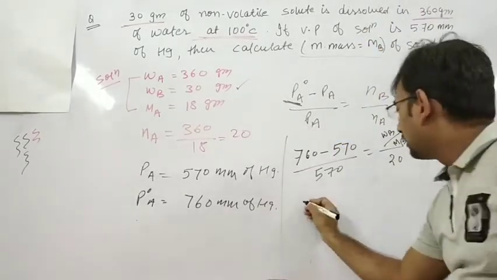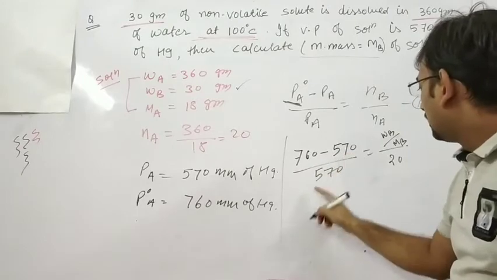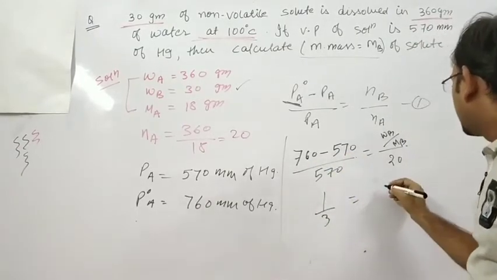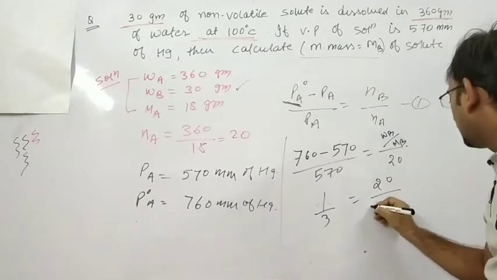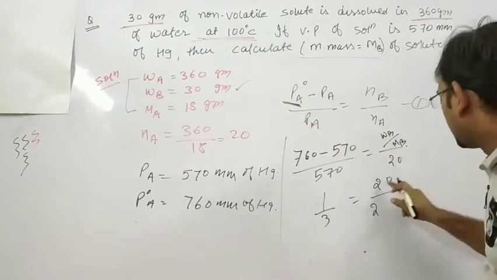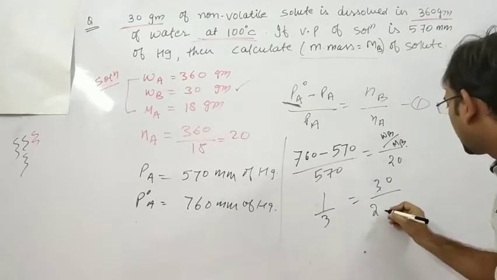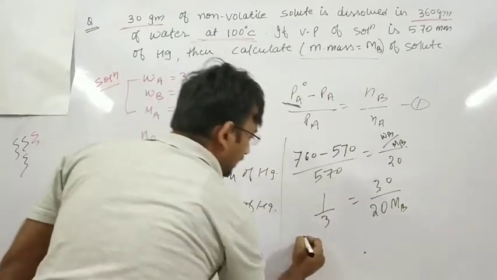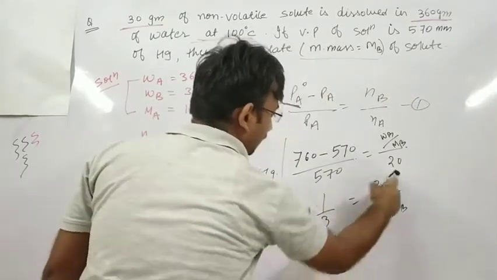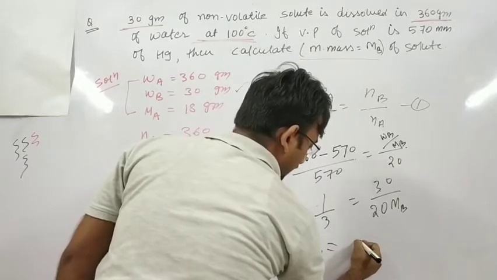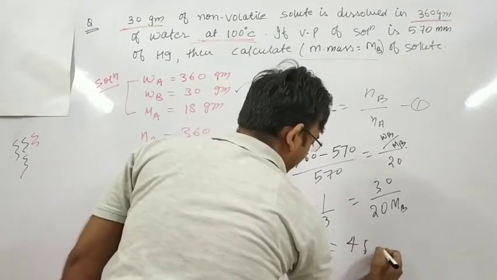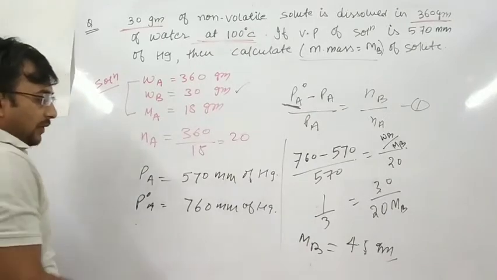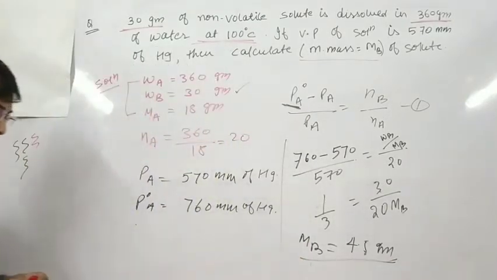So this will become 190 by 570, which is 1 by 3. This is equal to 20 divided by 30 divided by 20 MB. Now if we solve this, MB is equal to 90 by 20, 9 by 2, that means 4.5 gram. This calculation you can do. The calculation is very simple. The final value will be 4.5 gram. Clear?